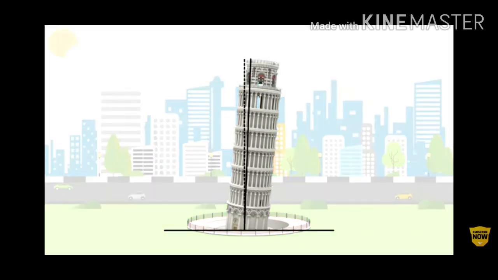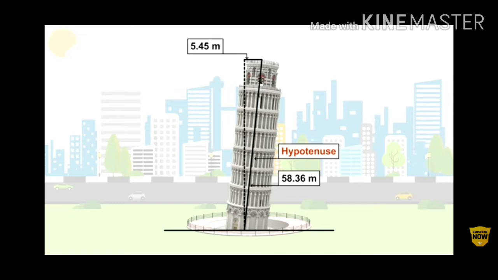From the figure, we can see that the height of the tower acts as the hypotenuse, and its distance from the center acts as the perpendicular. The famous structure has the value of its perpendicular and hypotenuse.